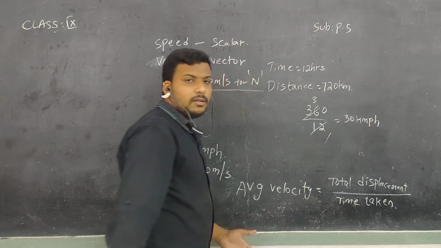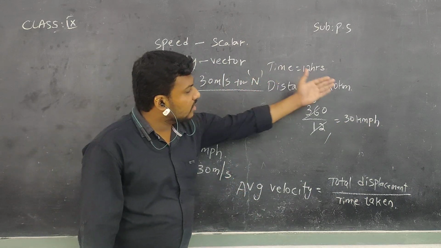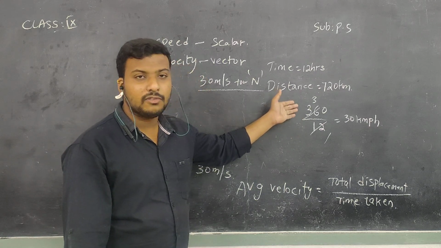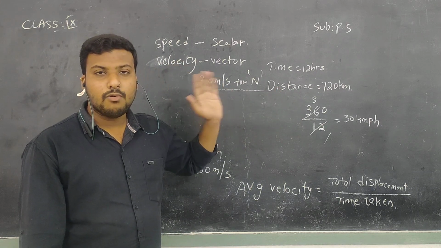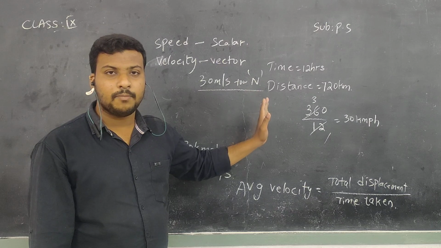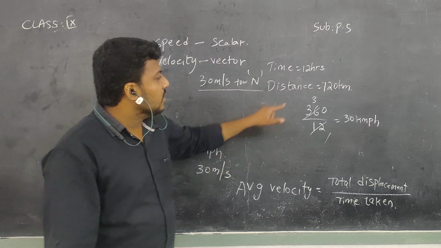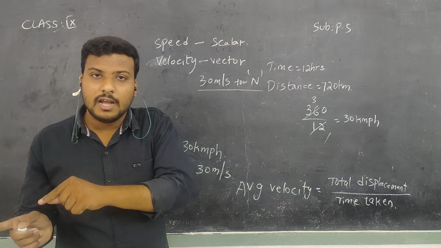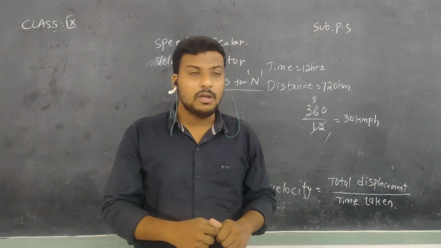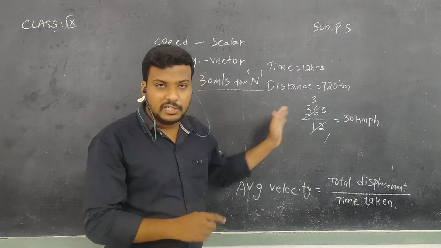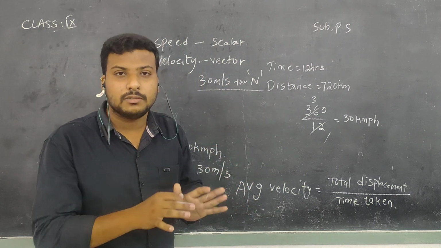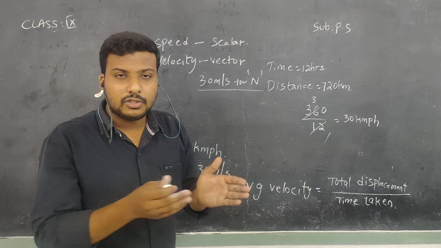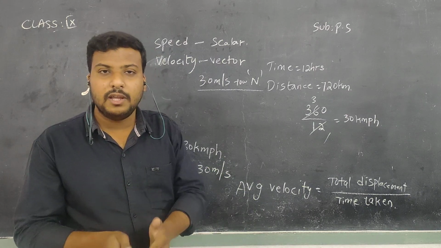Sir, you said that the total distance is 720 kilometers, no sir. Then how can you bring again 360 kilometers, sir? How can you bring this 360 kilometers? Because children, 720 kilometers is the actual distance from Hyderabad to Visakhapatnam. But what is this 360 kilometers? That is the shortest possible distance. Displacement is the shortest possible distance covered by you.